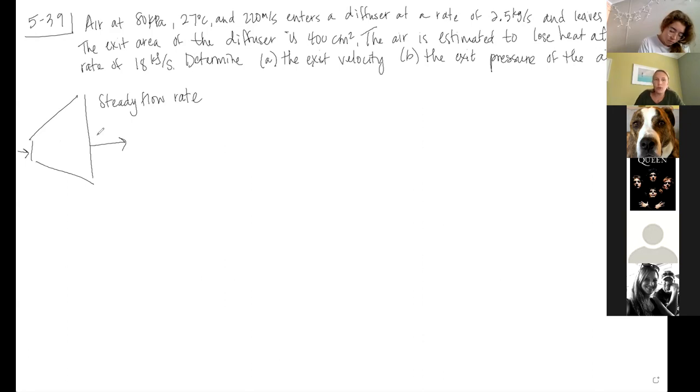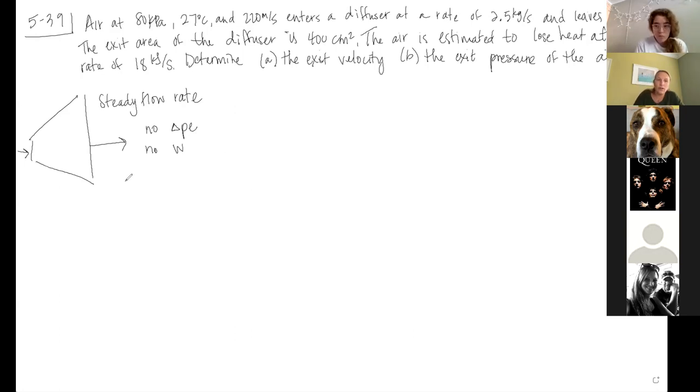We also know that for diffusers, we have no change in potential energy. We have no real work being done, unlike a turbine or a compressor. There's no shaft in here. There's no work being put in or pulled out. The only purpose of a diffuser is to change the velocity of the air.